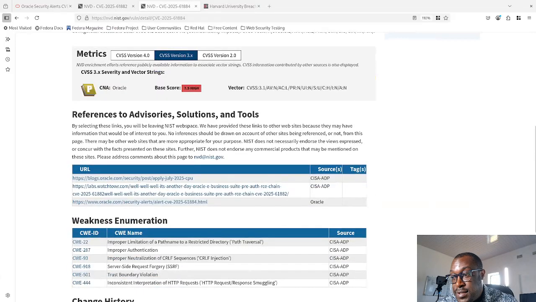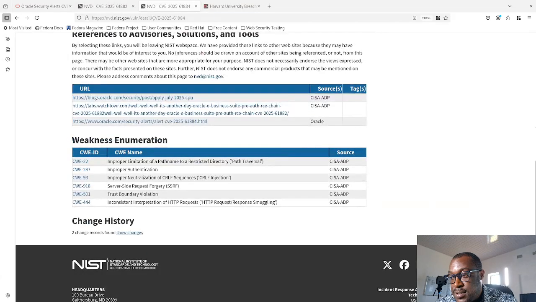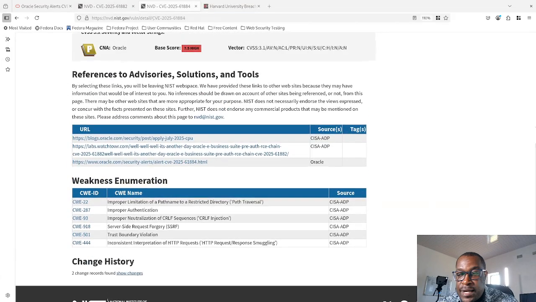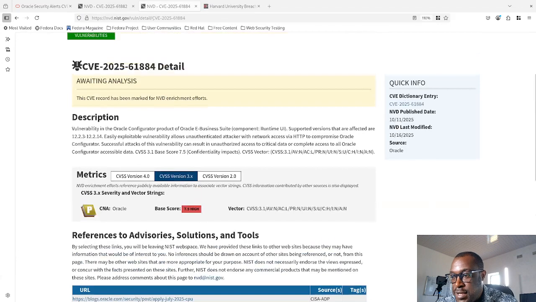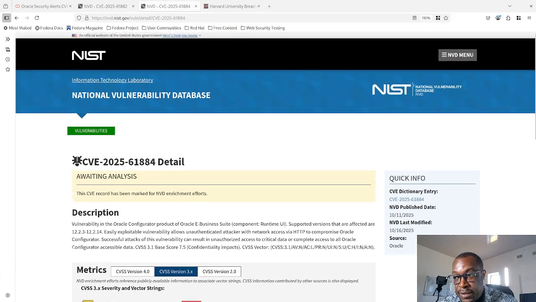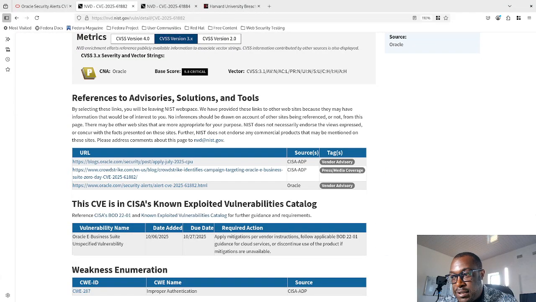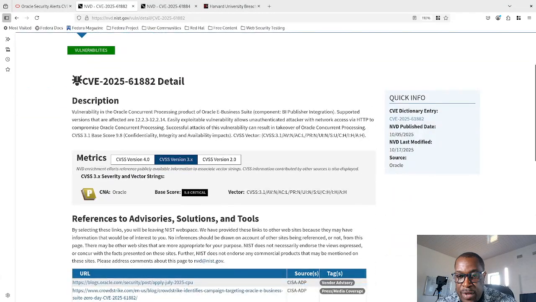This vulnerability explains how attackers manipulate the Oracle E-Business Suite, and this is available on the NIST NVD database. And the most critical CVE is CVE-2025-61882, which has a CVSS score of 9.8, which is critical.